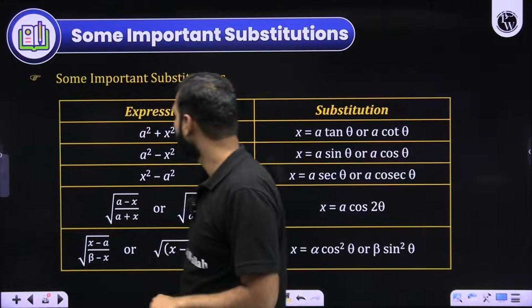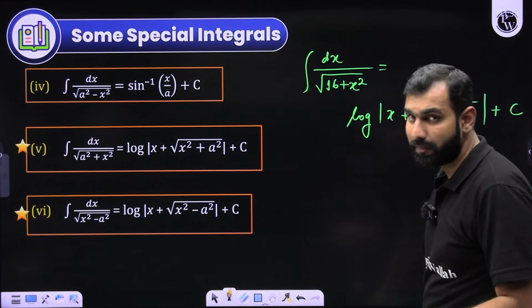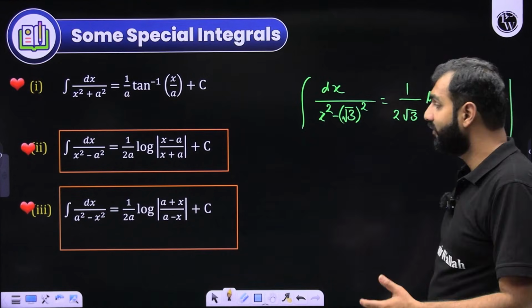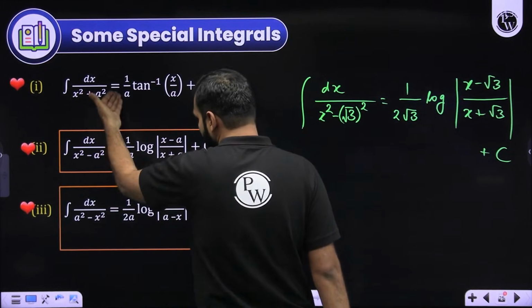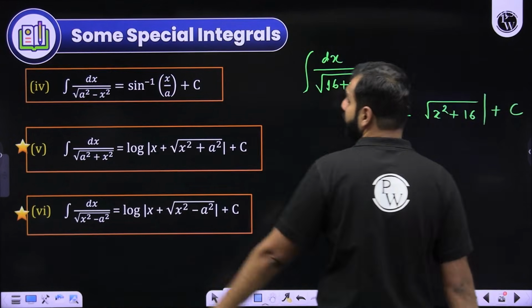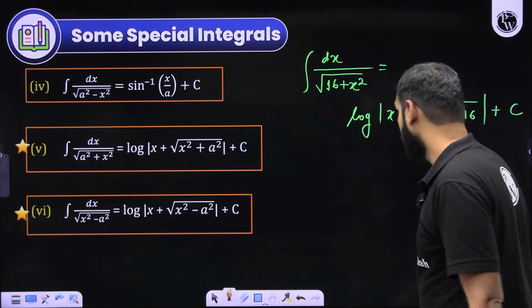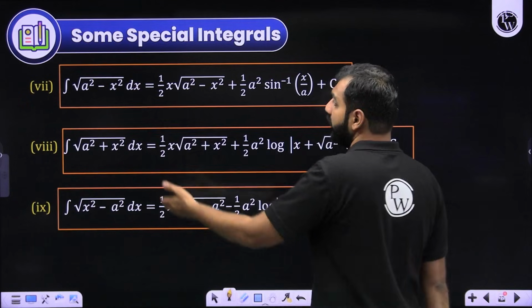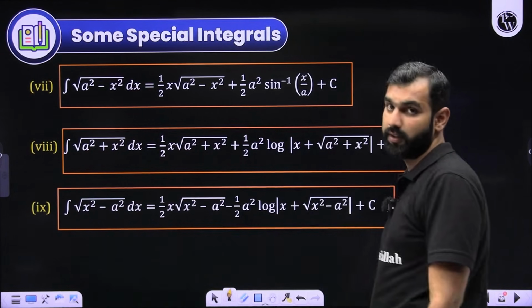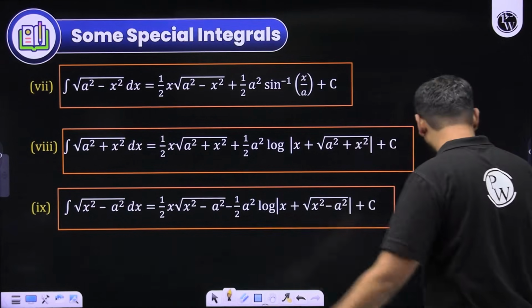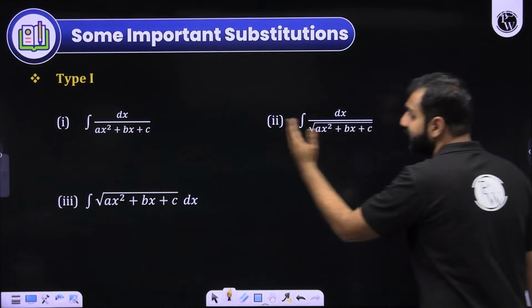If it matches with x square minus a square, then we had learnt some formulae related to that: x square minus a square, x square plus a square, and even under root over a square minus x square, under root over a square plus x square, under root over x square minus a square, and also with the under root in the numerator.